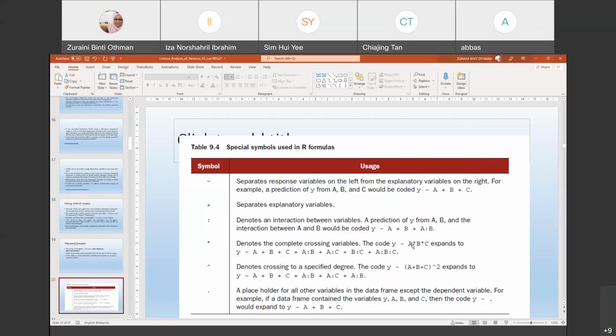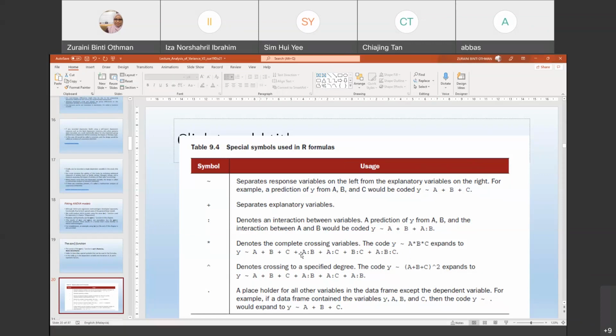When we put it like this, it means that if we expand it, it represents this: the factor from each, and the relations among the three, which are AB, AC, BC, and the interaction between A, B, and C. This is what the star symbol, the multiplication, means.